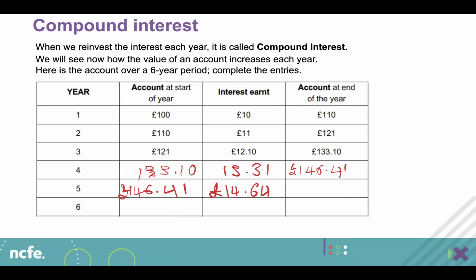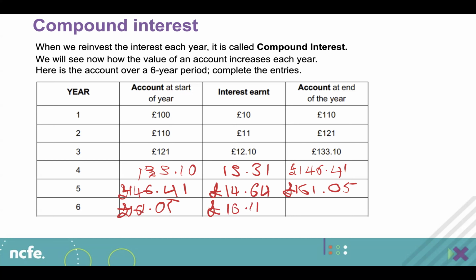Then 10% of 161.05, if we round it up, will become £16 and 11 pence.